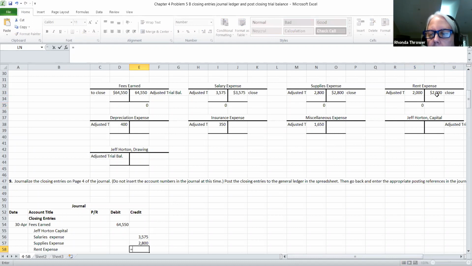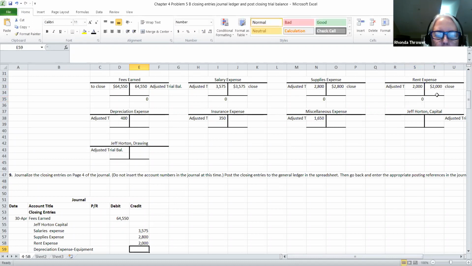And remember that the T accounts just represent your ledger accounts. These are just tools that help us in the process of creating our formal journal entries. So depreciation expense is the next expense that would need to be closed.